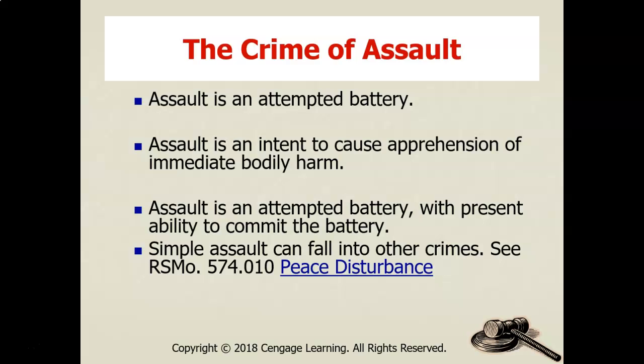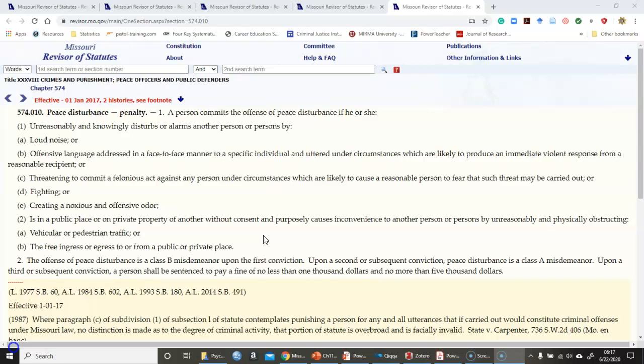Now, we talked about assault a minute ago in that we could have different statutes that covered basically the same thing. What I want to do is look at peace disturbance and let you see that. Comparing it to that assault statute, a person commits the offense of peace disturbance if he or she unreasonably and knowingly disturbs or alarms another person by loud noise, offensive language addressed in a face-to-face manner, threatening to commit a felony.